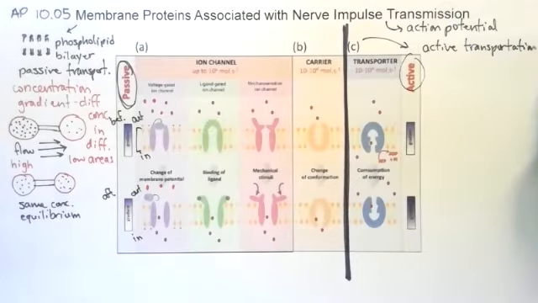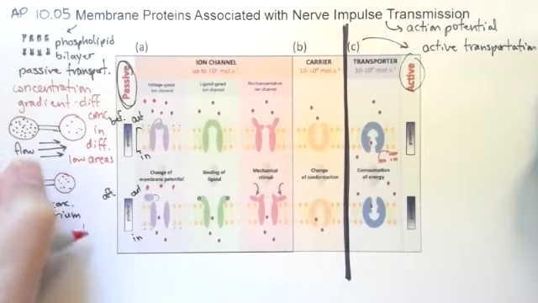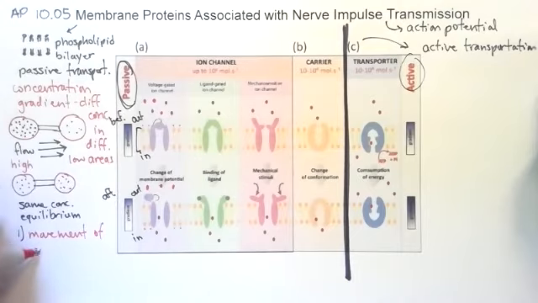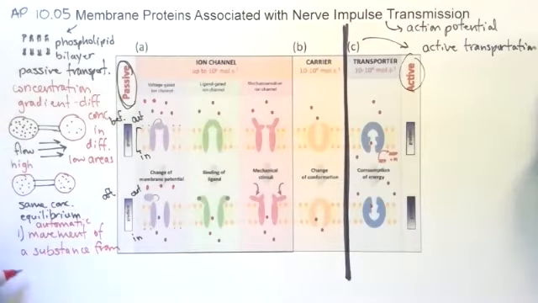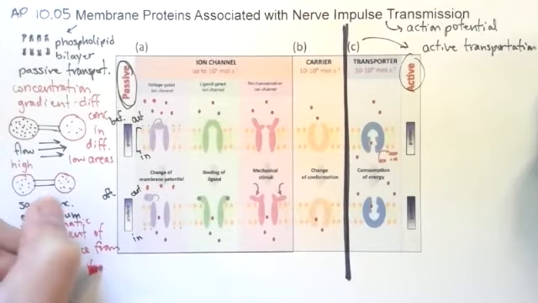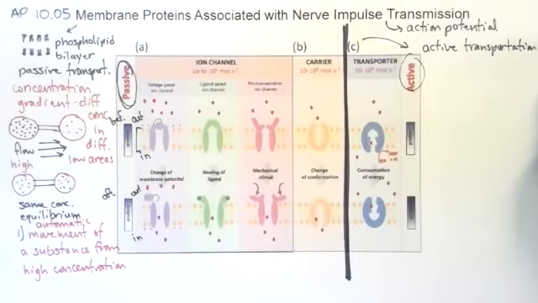We call this passive transportation. Let's define it. It's the automatic movement of a substance from high concentration to low concentration.